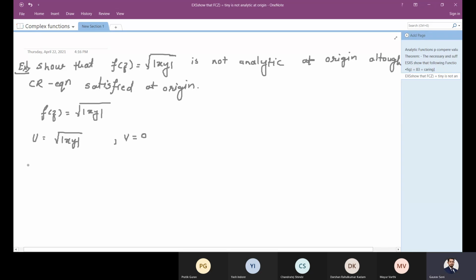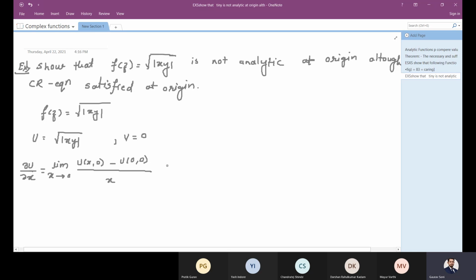So how do we define the partial derivative of u with respect to x? Since there is mod, I should go by the limit as x tends to 0 of u of x comma 0 minus u of 0 comma 0 upon x.